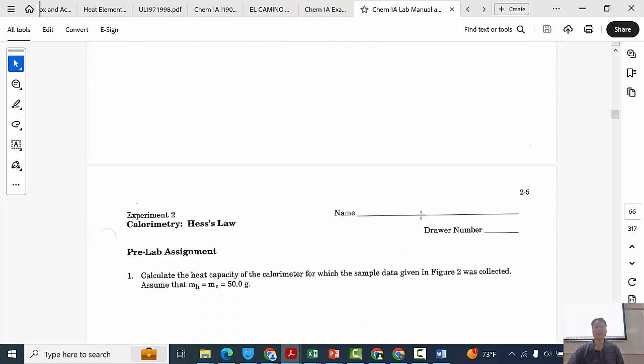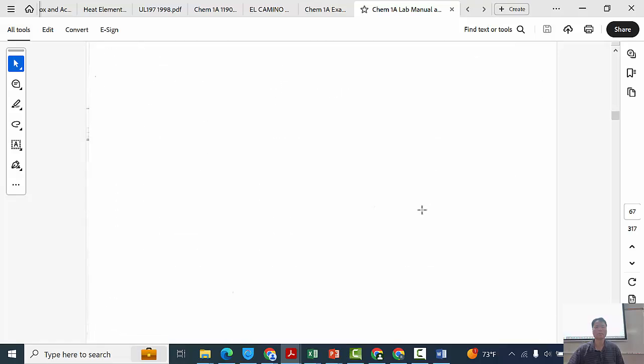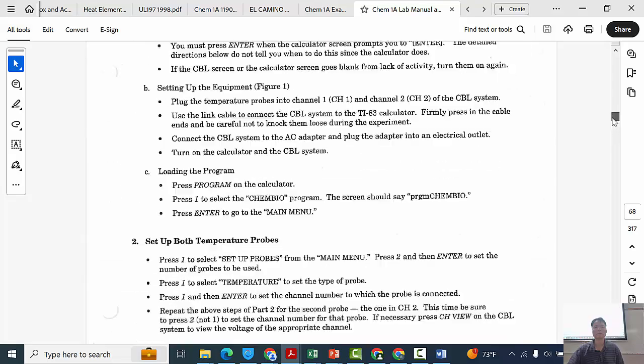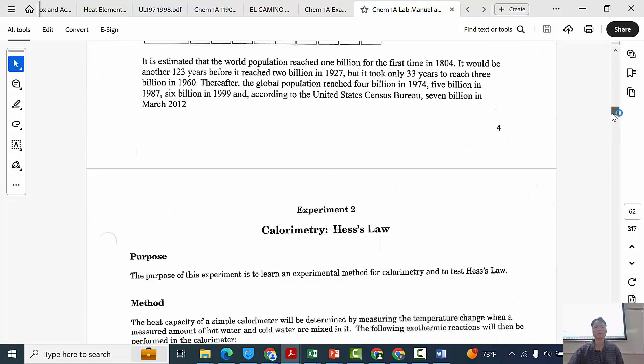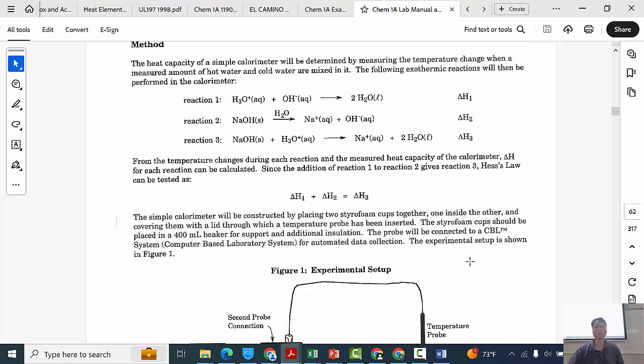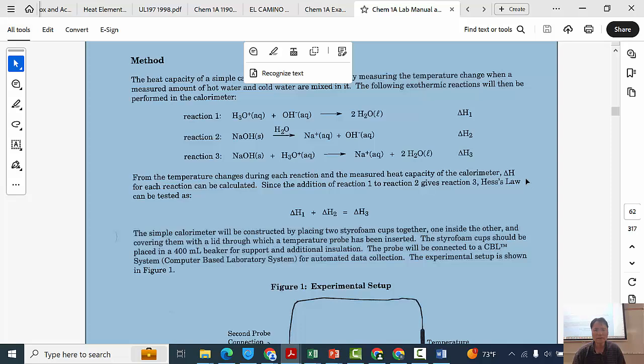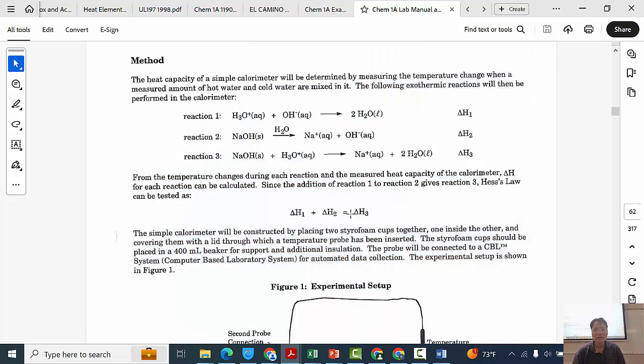So let's take a look at what we're after here. So what we're after is this. We're after delta H of 3. Is this it? No. Yeah, well, in this particular example, we're after delta H of 3, but it turns out delta H of 1 and delta H of 2 add up to give us delta H3. So we just combine the two energies there.